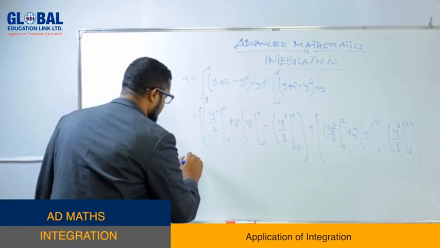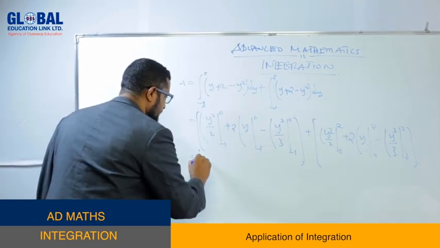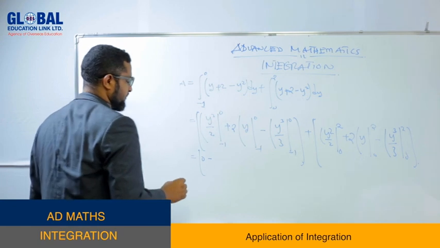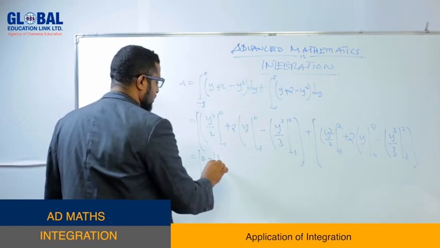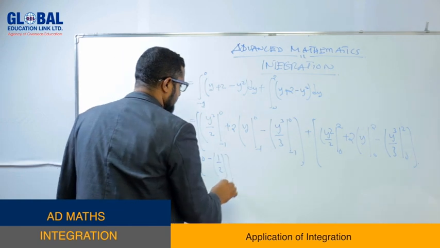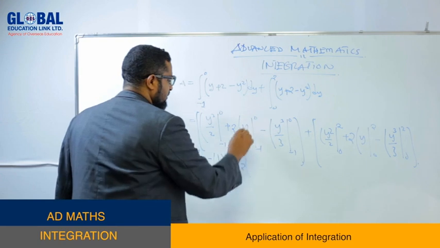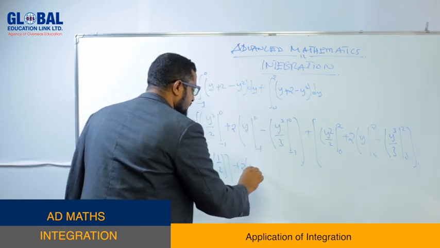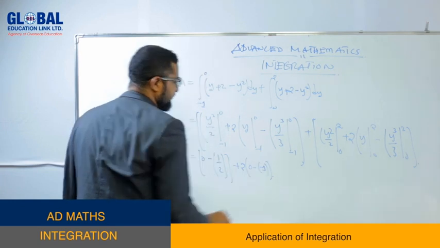Starting with the first part. When it's 0, here becomes 0 minus negative 1 squared over 2. We plus 2 bracket 0 minus negative 1.